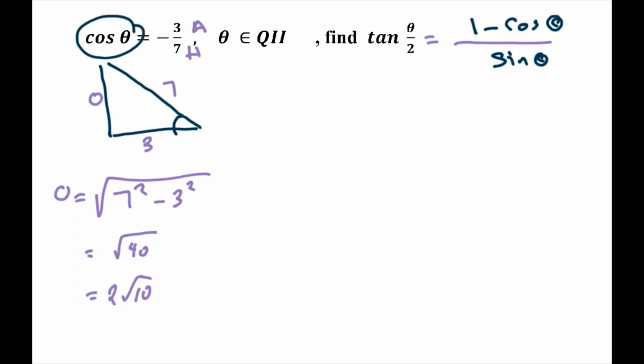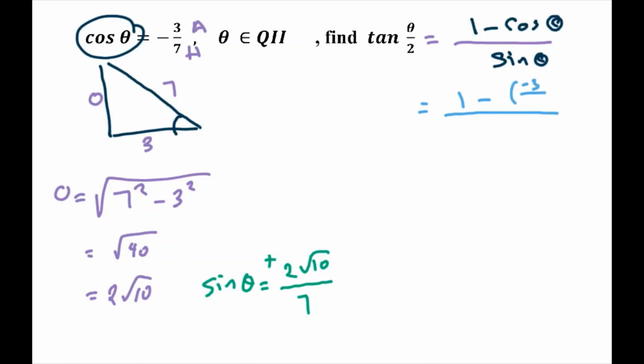I need to find sine. So sine theta will be equal to opposite over hypotenuse. In quadrant 2, sine is positive. So now it will be equal to 1 minus negative 3 over 7 over 2 square root of 10 over 7.